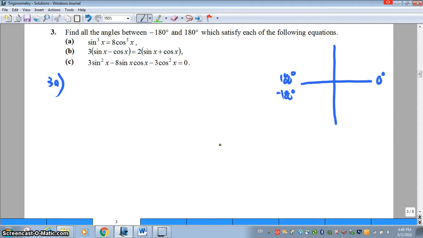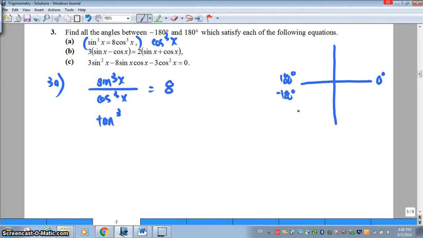78.7. Now remember, for tangent to be positive, it must lie in the first as well as the third quadrant. If it's in the first quadrant, it will be 0 plus the reference angle. If it's in the third quadrant, it must be negative 180 plus the reference angle.